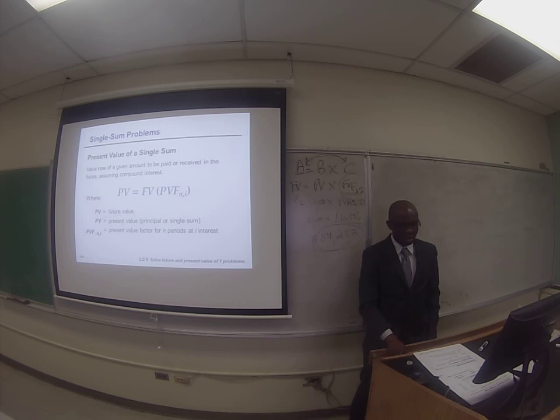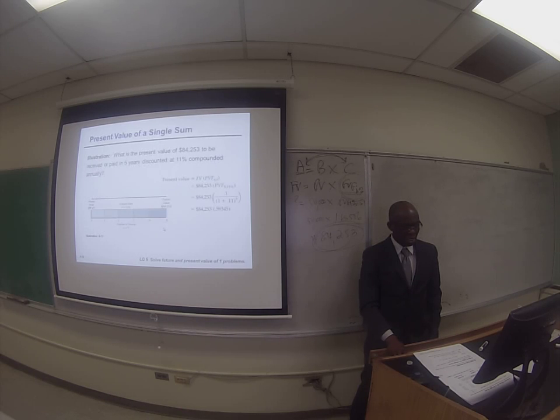FV stands for future value, PV, present value, PVF, that is present value factor for n periods at n interest rate. So here is an illustration. What is the present value of 84,253 to be received or paid in 5 years, discounted at 11% compounded annually?